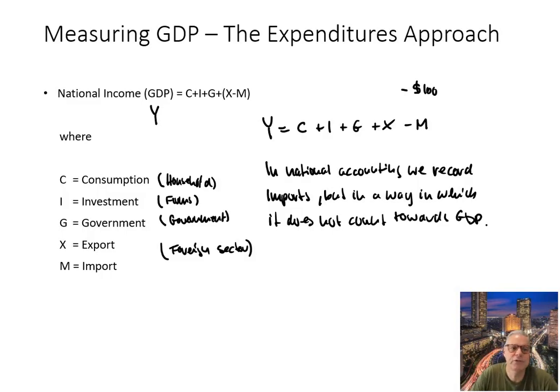So in any of those three, it will show up. The $100 is either here, or here, or here, so it cancels out. We record it, but in a way so that it never affects GDP.